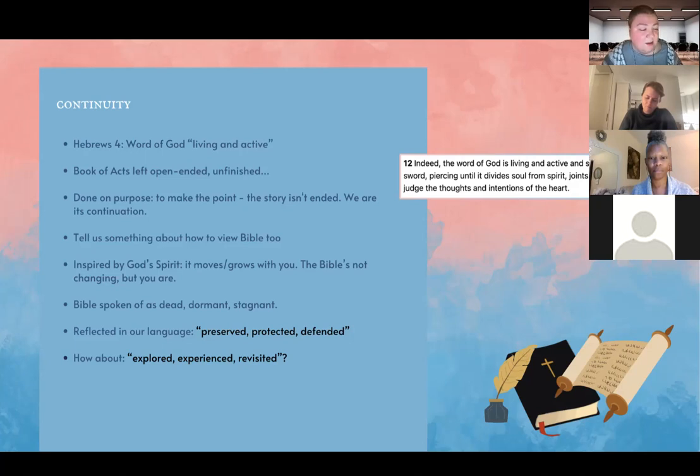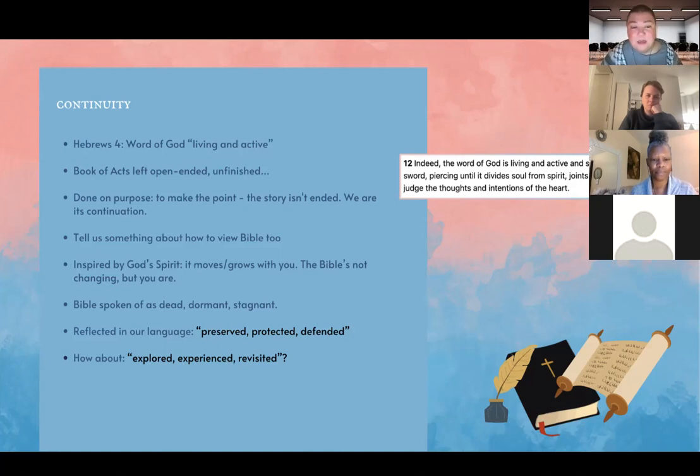And this should tell us something about how we should view the Bible as well. It is indeed God-inspired, given through divine revelation. And it's not that the Bible is changing, but rather as we study it, we will change and grow. Often when we talk about the Bible, we talk about it in terms of something dead and dormant and stagnant. For example, we say the Bible must be preserved.